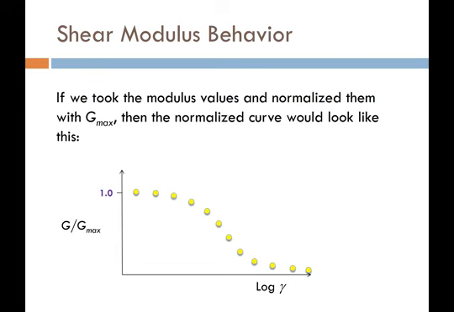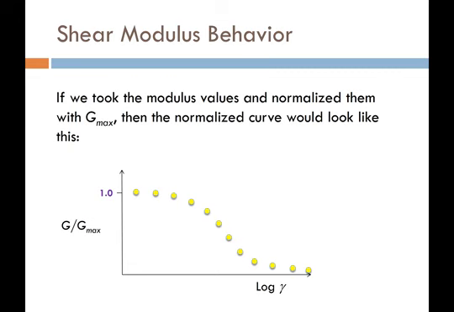So one convenient way that we can represent these curves is if we normalize the secant modulus by the maximum shear modulus. If we normalize it, then instead of saying G max, we just have a value of 1.0, and everything is relative to a value of 1.